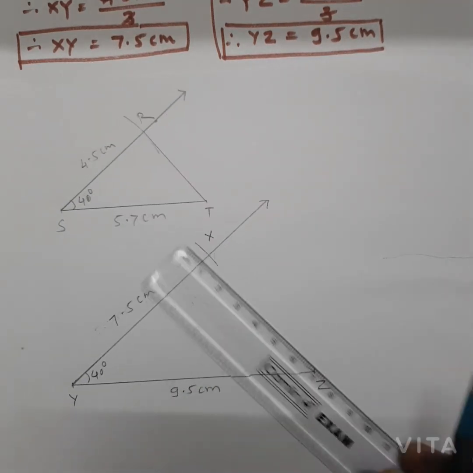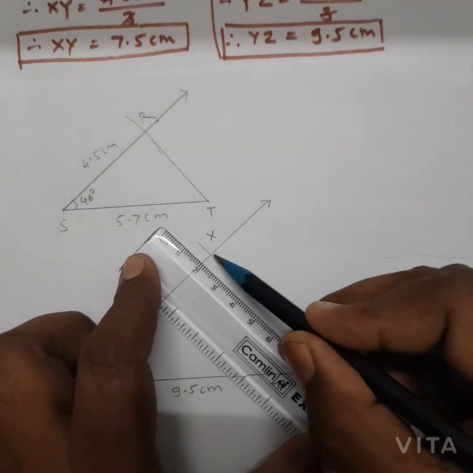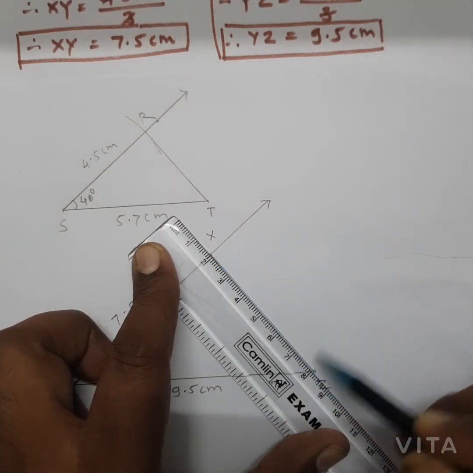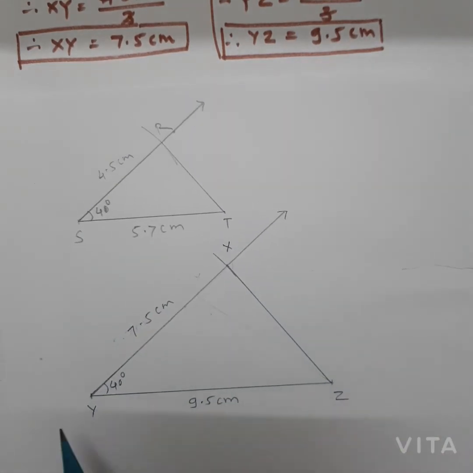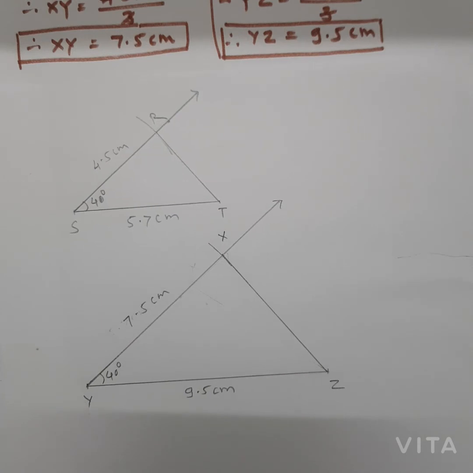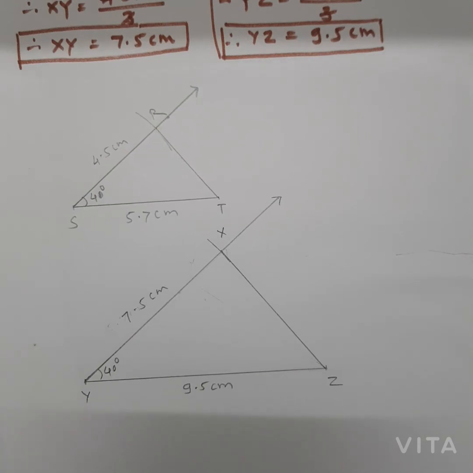Then join XZ. It is triangle XYZ, similar to triangle RST. In this way, we have constructed two examples of similar triangles.